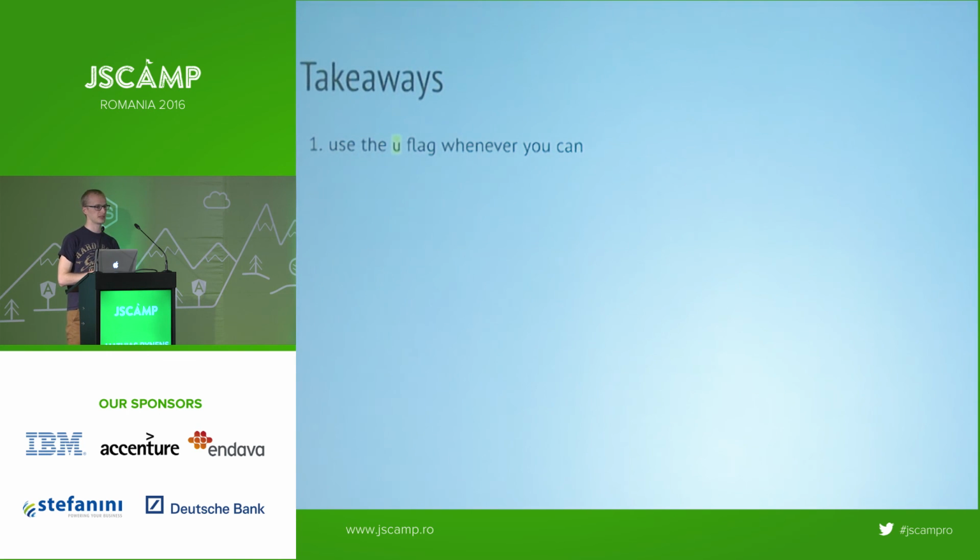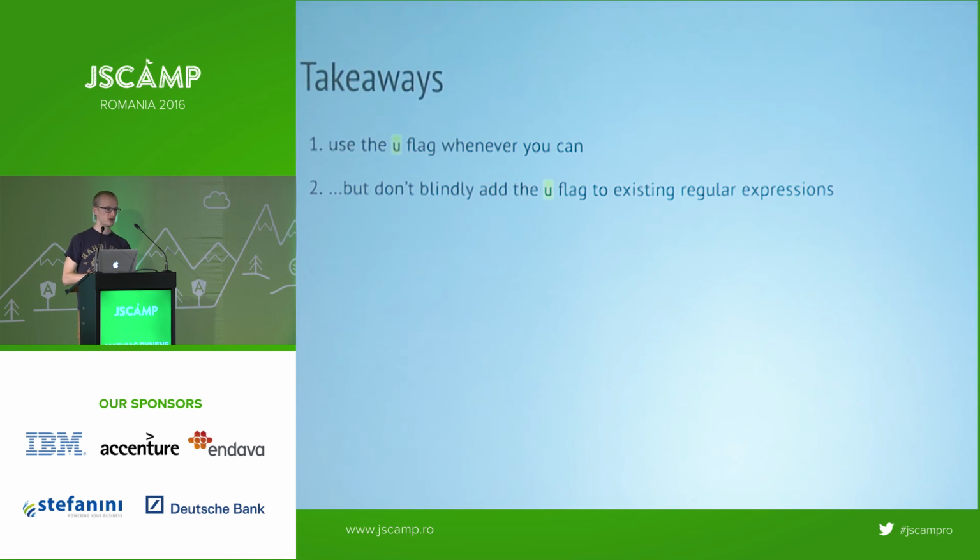And there's more syntax extensions to come that will be added to the language, such as the property escapes that we looked at earlier, for example. So by using the u flag now, you make sure that you can use these new functionalities as soon as they're added to the language. At the same time, though, you shouldn't blindly add the u flag to your existing regular expressions. You should be very careful when you're updating your existing code, because you might accidentally end up changing their meaning.